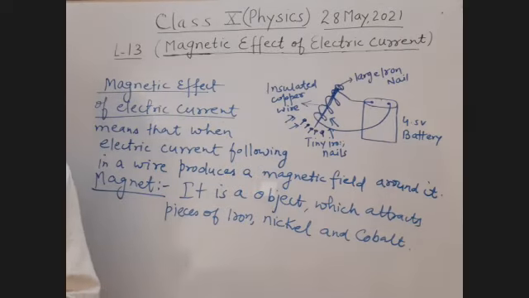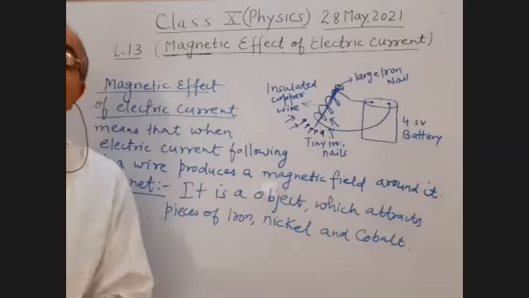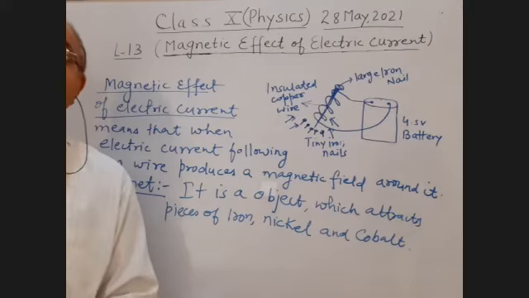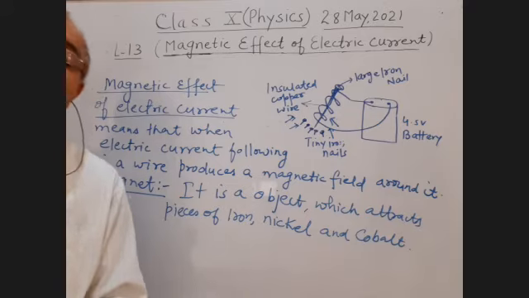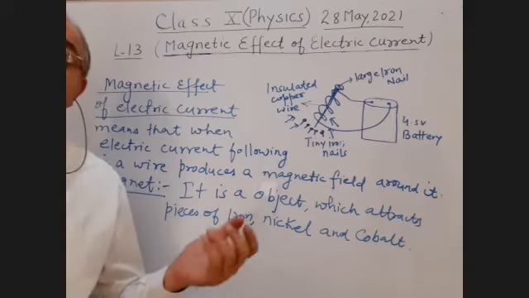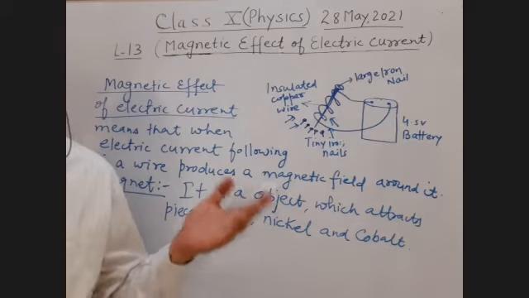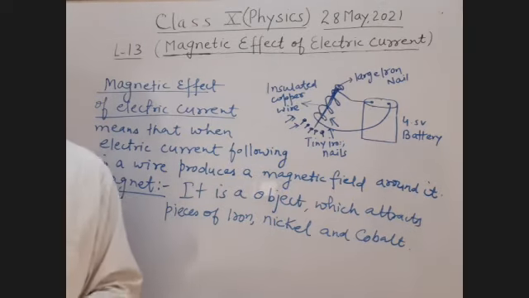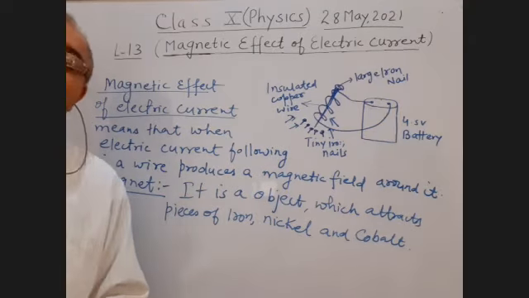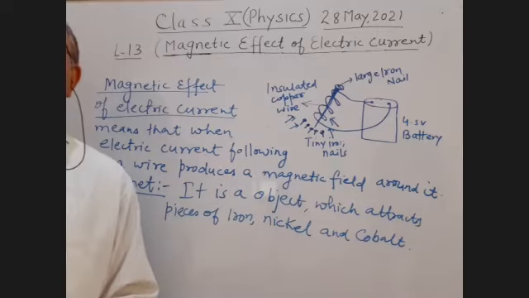What happened, students? I'll tell you one story about this magnetism, how the magnet was first discovered. There was one farmer going in the field along with so many sheep.